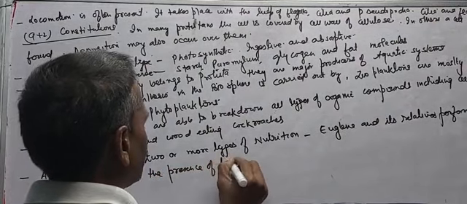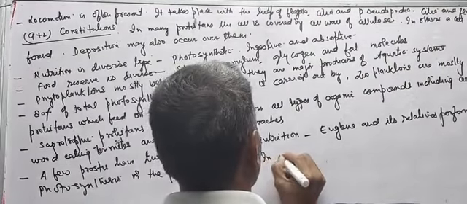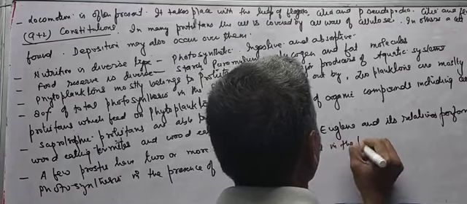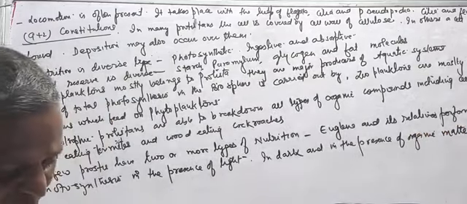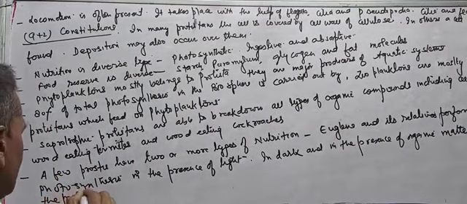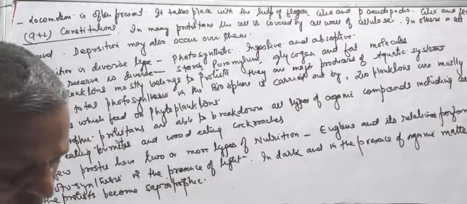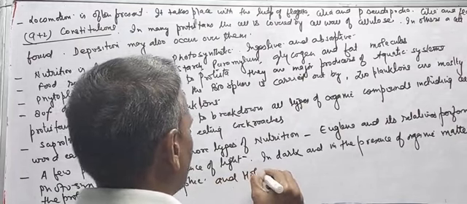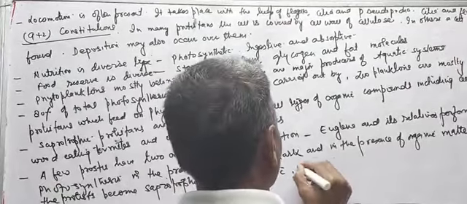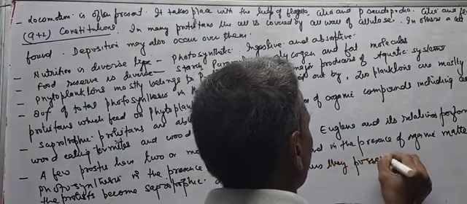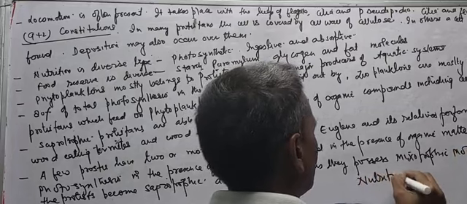In the dark and in the presence of organic matter, the protists become saprotrophic and holozoic. Thus, they possess mixotrophic mode of nutrition.